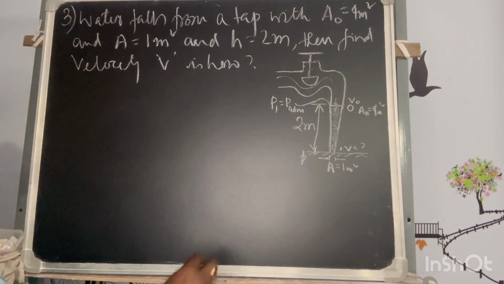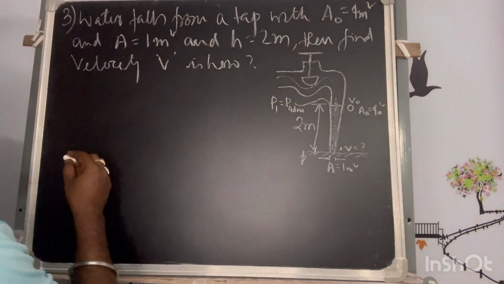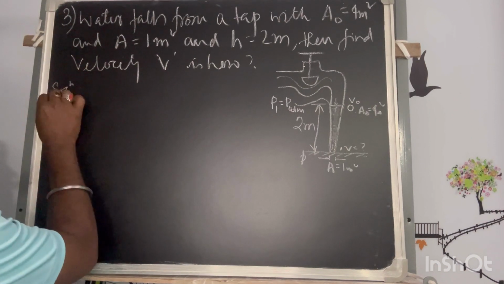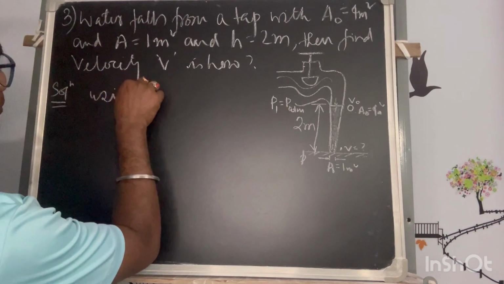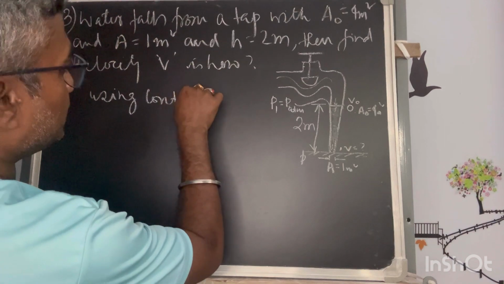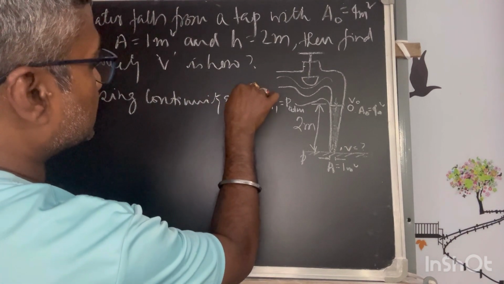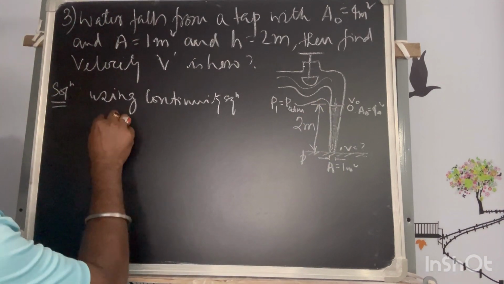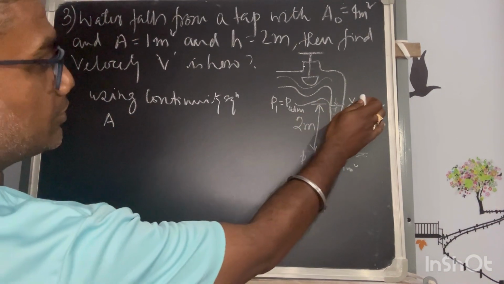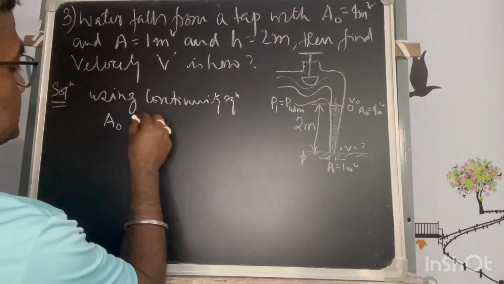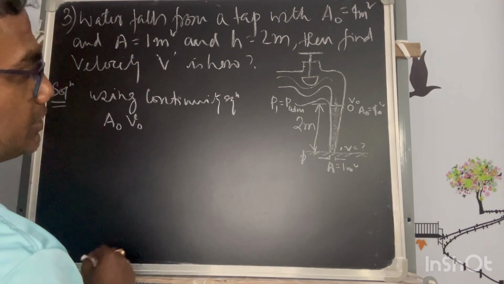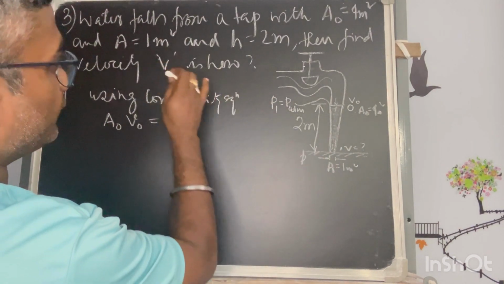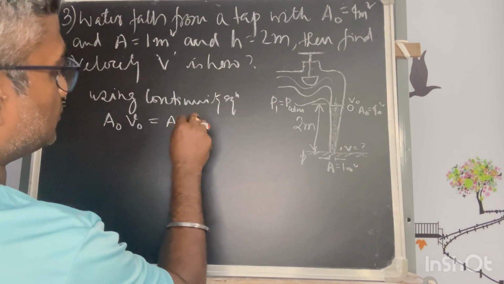Now, using the first solution, what we will do is use the continuity equation, because this is a streamline flow. The cross section here is A0, V0 is the velocity here, and where it ends, the point of concern, is A1 and V1.